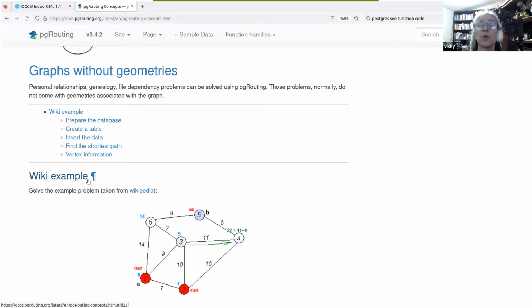The purpose of doing this example is to really understand that pgRouting does not need geometries, and also that I'm going to be encouraging you to run all the queries that are here. I'm not going to be running them. We're just going to go through.